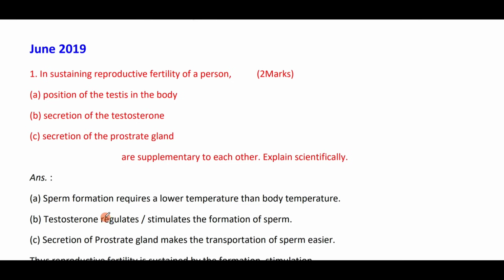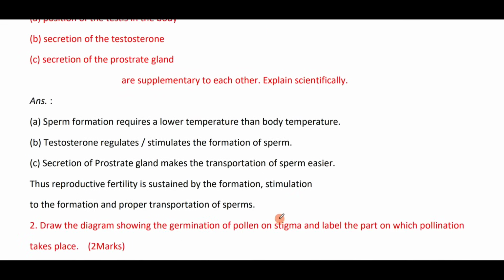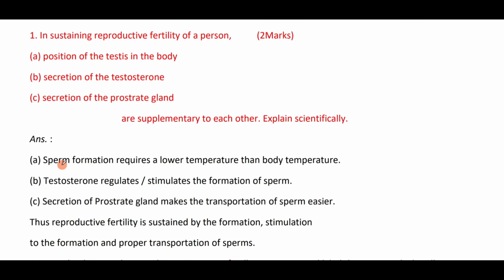Testosterone regulates and stimulates the formation of sperm. Secretion of prostate glands makes the transportation of sperm easier. Thus, reproductive fertility is sustained by the formation, stimulation and proper transportation of sperm. This all helps in sustaining what? Reproductive fertility of a person.